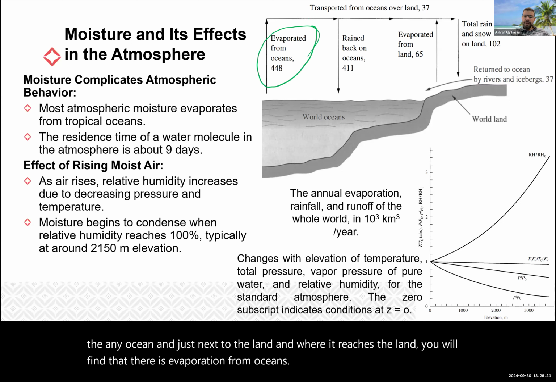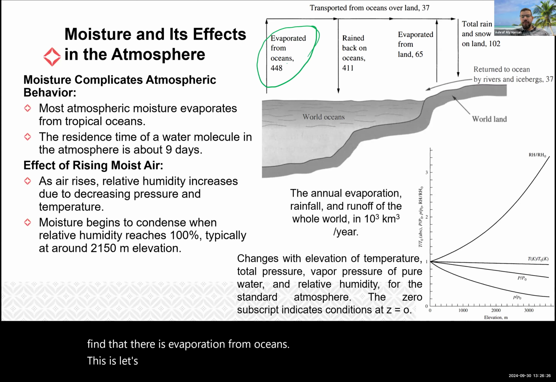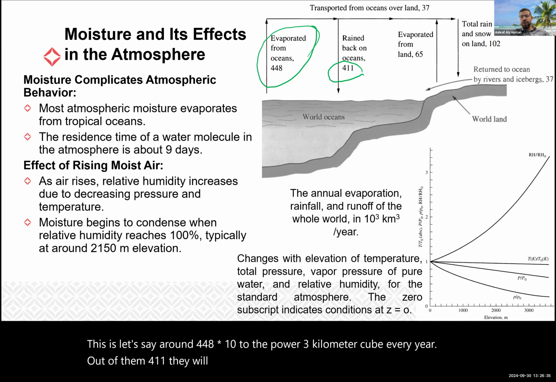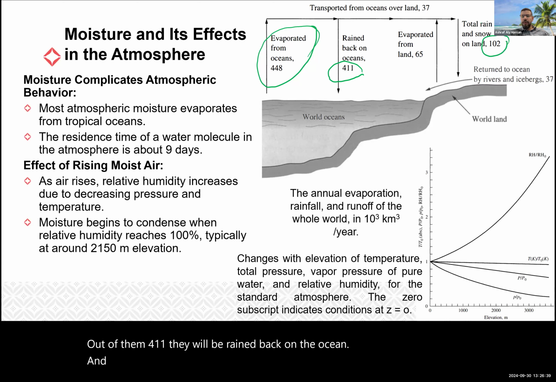This is, let's say, around 448 times 10 to the power 3 kilometer cube every year. Out of them, 411 will be rained back on the ocean, and 102 will fall as rain and snow on land.